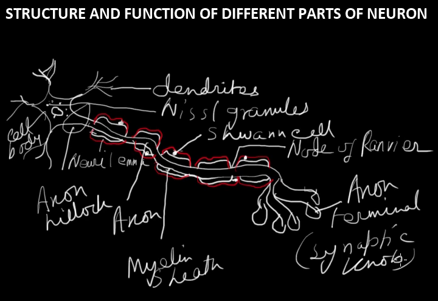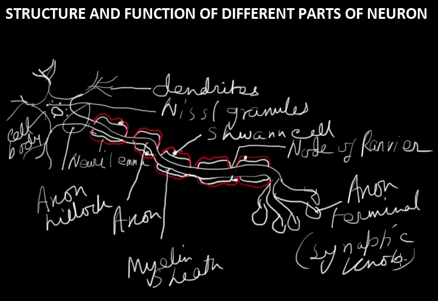The ability of perceiving our surroundings mostly depends on the coordinated effort of our nervous system. The functional unit, or the fundamental unit, of the nervous system is known as the neuron.